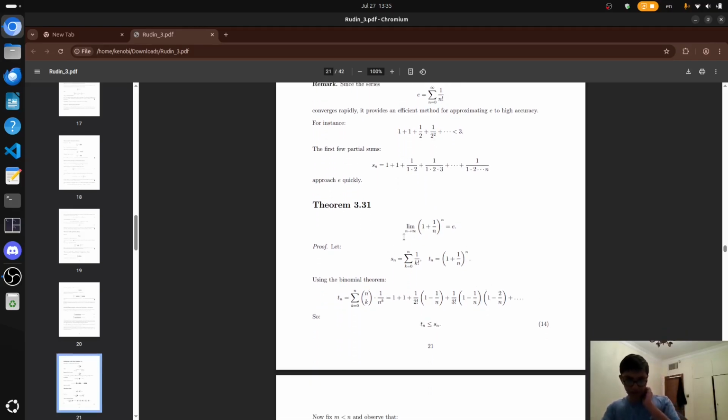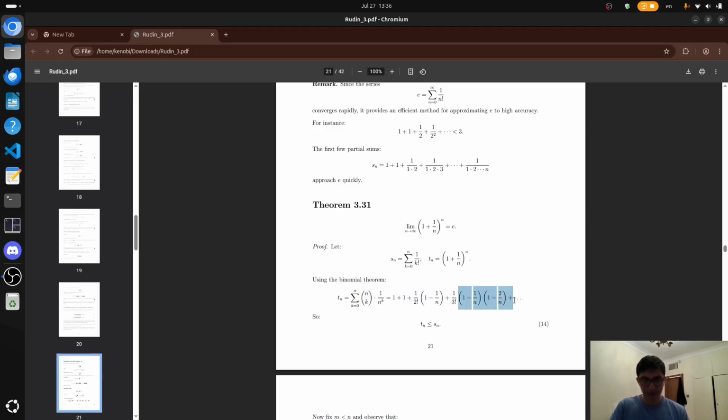So now we prove that the limit as n goes to infinity of (1 plus 1 over n) to the n is equal to e. The proof here, we use the binomial theorem to expand this over here. And we realize that every time we're just taking terms of e, multiplying them by these things over here, right?